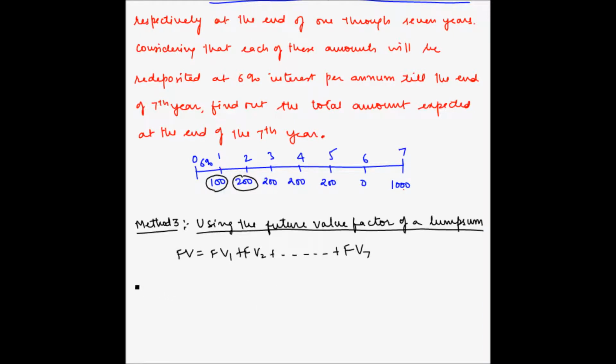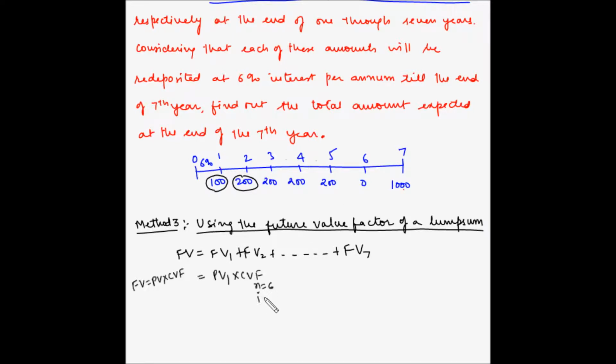And as we know, future value is equal to present value into compound value factor of a lump sum. So FV1 is PV1 into compound value factor where n is equal to 6, because this 100 is going to be compounded for the next 6 years, 1, 2, 3, 4, 5 and 6.